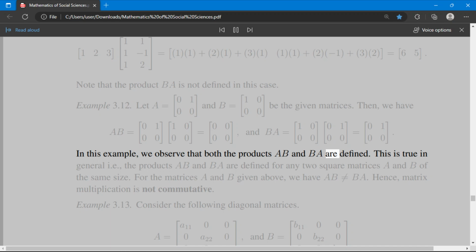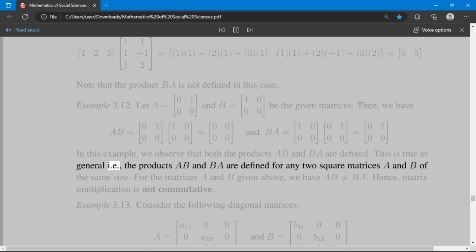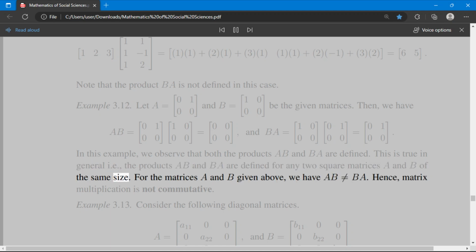In this example, we observe that both the products AB and BA are defined. This is true in general, i.e., the products AB and BA are defined for any two square matrices A and B of the same size. For the matrices A and B given above, we have AB not equal to BA. Hence, matrix multiplication is not commutative.